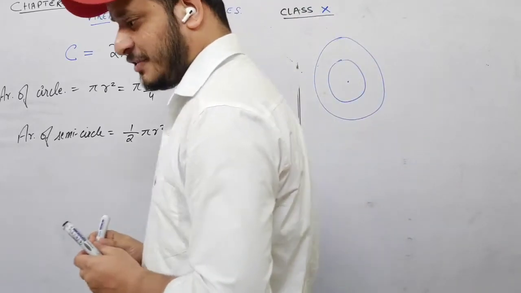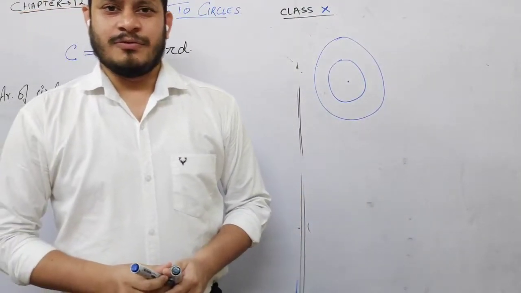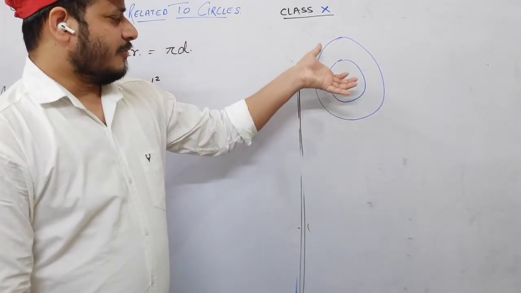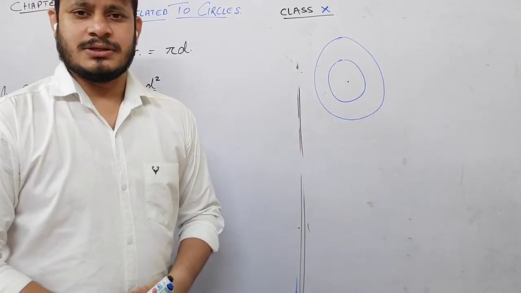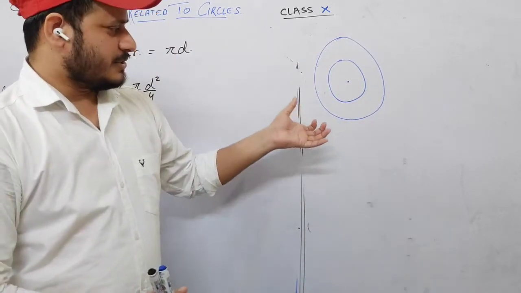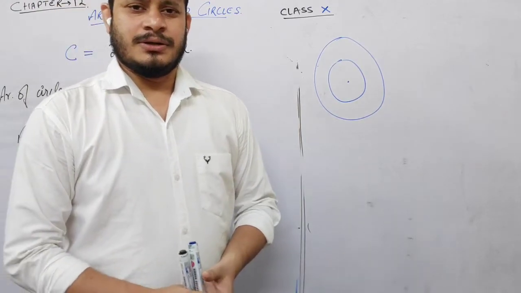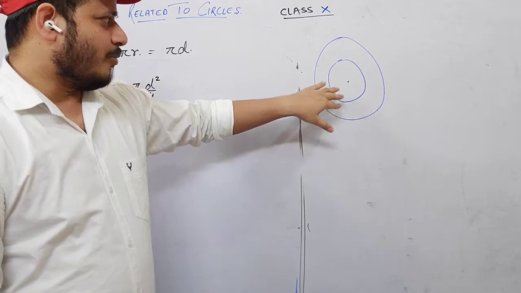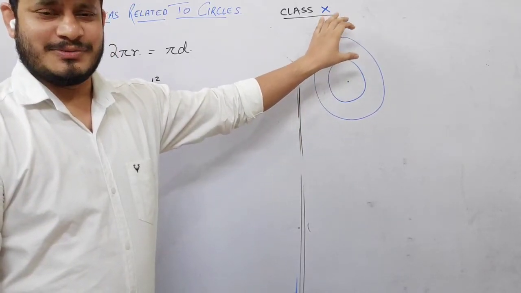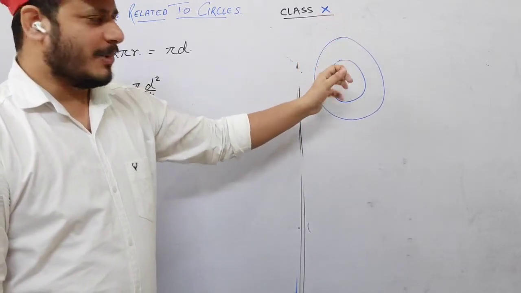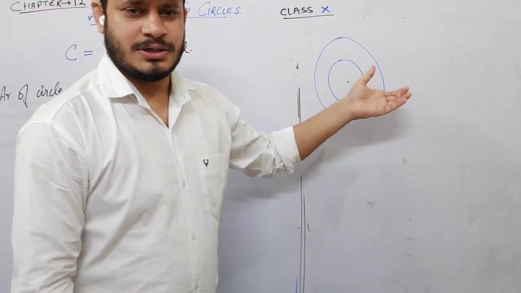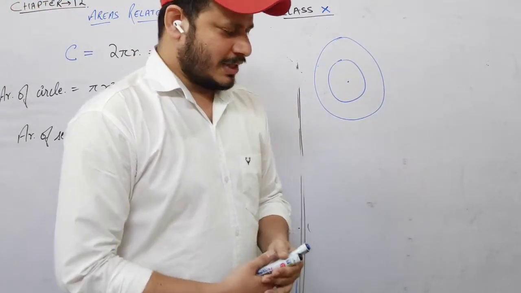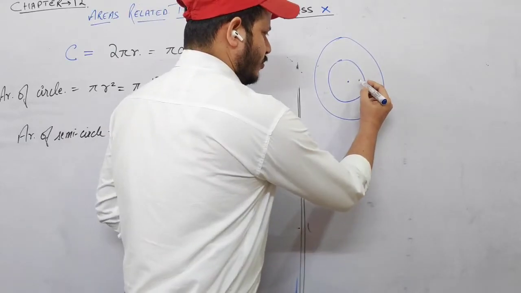Concentric circles are those having the same center. We can draw as many circles as we want, but the center of all the circles should be the same. In this figure, the center is O.